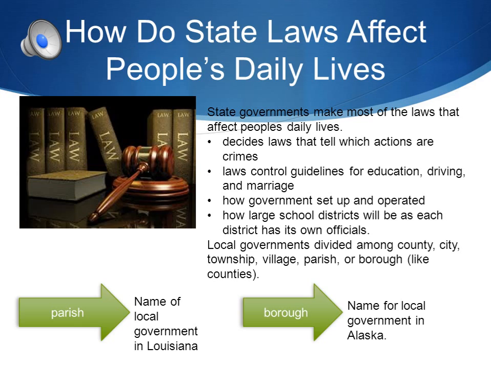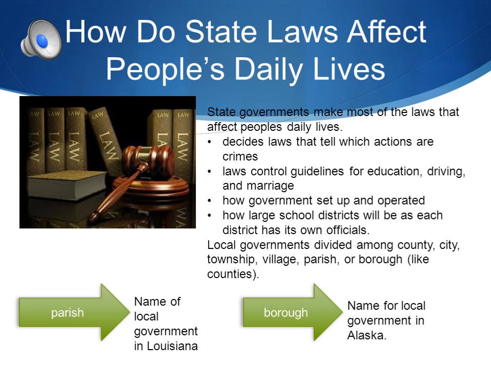They also determine how government is set up and operated, and how large school districts will be, as each district has its own officials. Local governments are divided among counties, so we have county government officials, we have city government officials, and then there's terms such as township, village, parish.